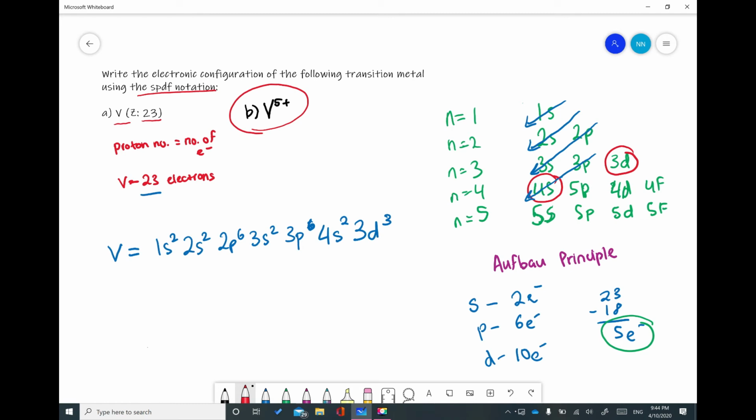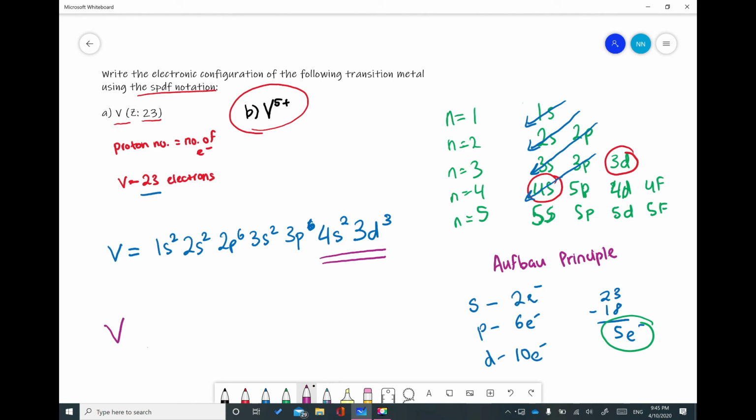If this is the ground state, neutral vanadium electronic configuration, then losing 5 electrons means losing the outermost electrons, which is this part, 4s2 3d3. In total that becomes 5 electrons.